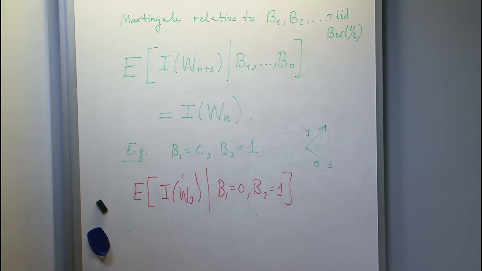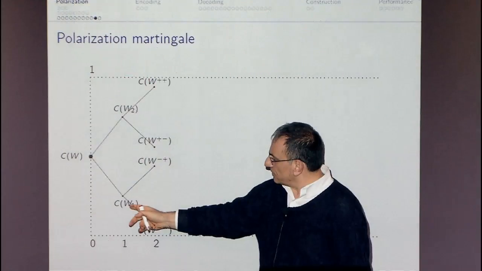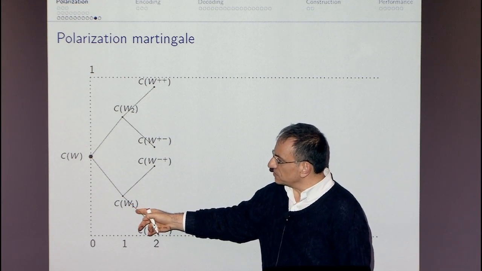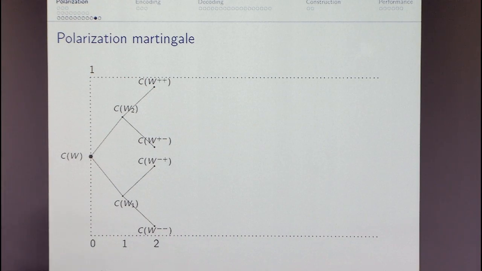Okay, so first of all, B1 is equal to 0. That means I went down. Okay, so I'm over here. This is a W minus channel. So I took a step down.